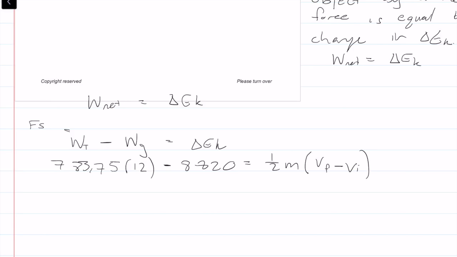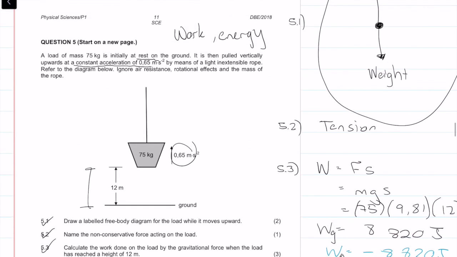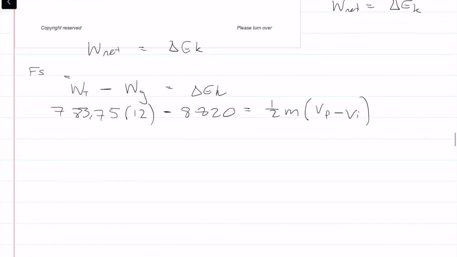We also know that our velocity initial was at rest, so V initial equals 0, so that term goes to 0. We know the mass is 75 kilograms. So what we're left with is only one unknown, which is our velocity final. We can solve for that, and our final velocity is equal to 3,95 meters per second.